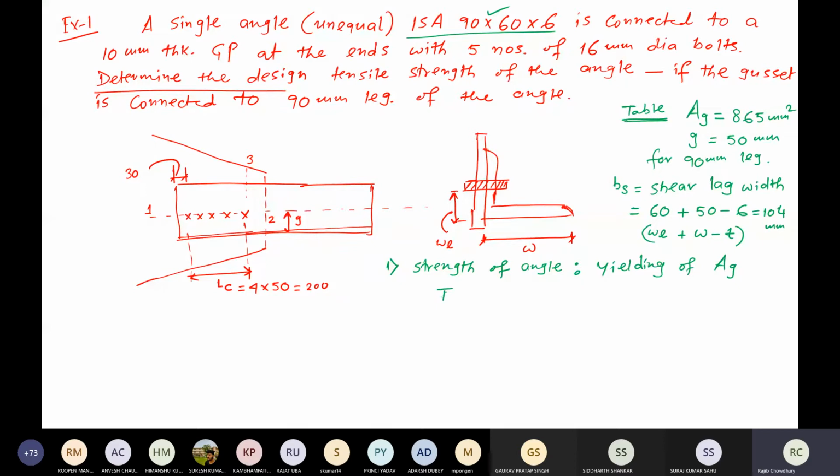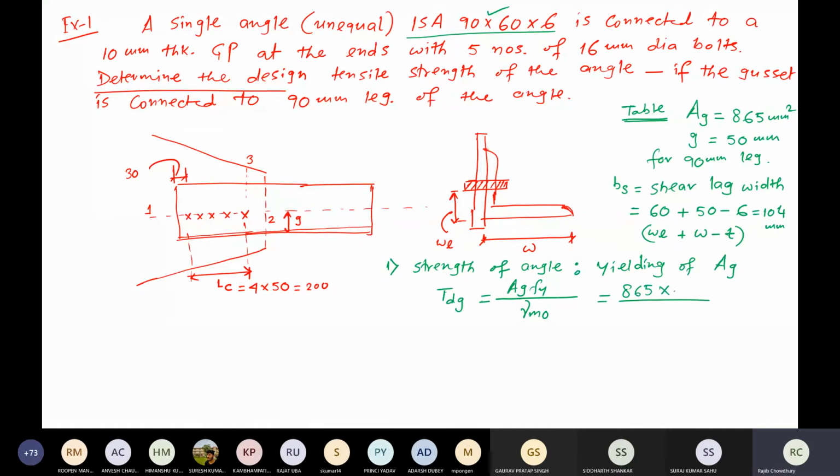The TDG, again you will utilize the formula: TDG, the design strength, is equal to AG, the gross area of the angle, multiplied by fy divided by gamma m0. Okay, so how much would it be? 865 is your gross area, multiplied by fy.